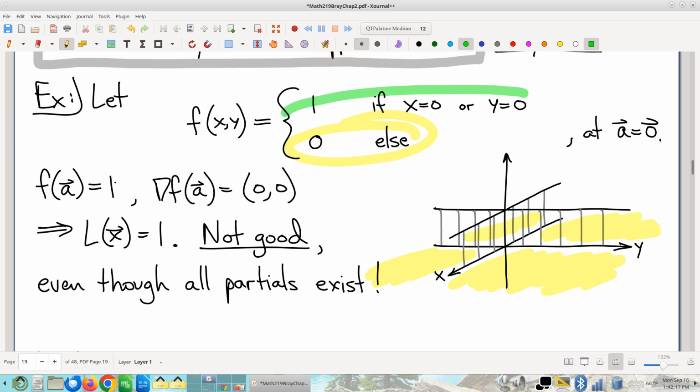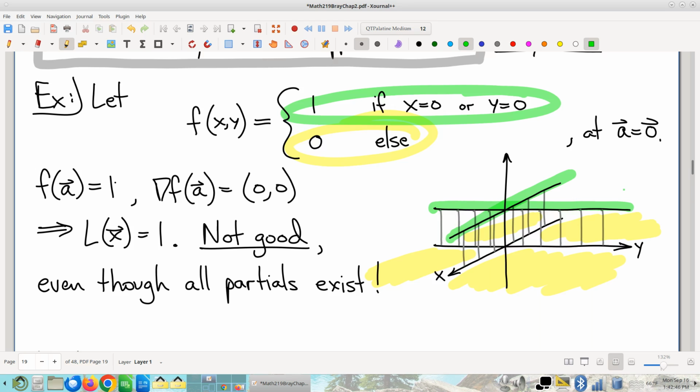And on the axes, the value of this function is 1, which I'm going to represent, for example, on the x-axis, by drawing this line up above the x-axis at height 1. So this is just the graph of the function, likewise above the y-axis here. It's a little bit hard of a picture to draw, but there it is.